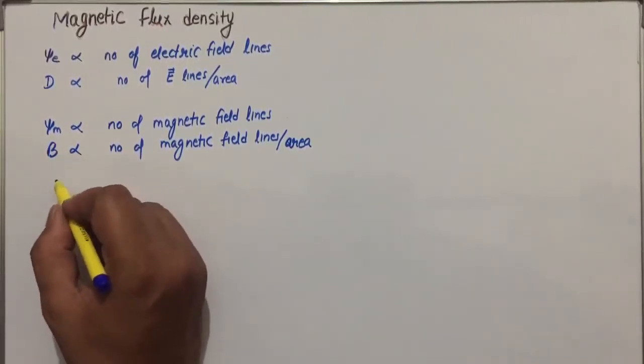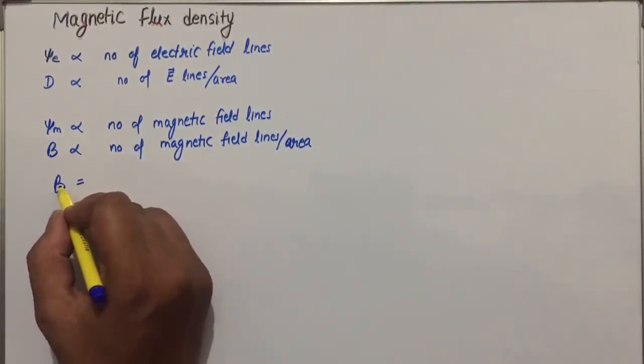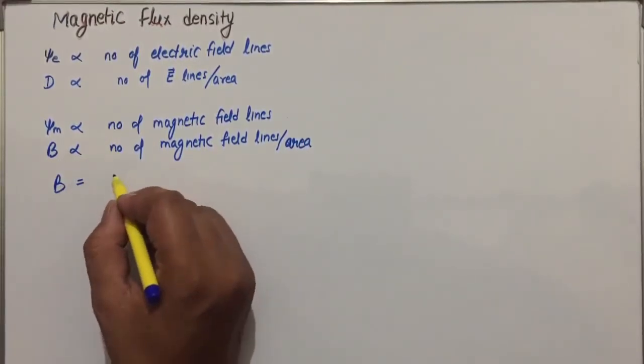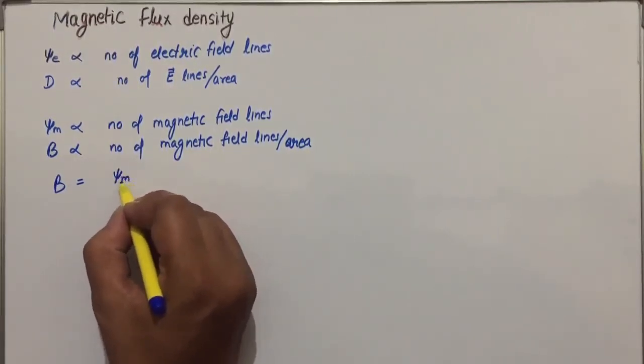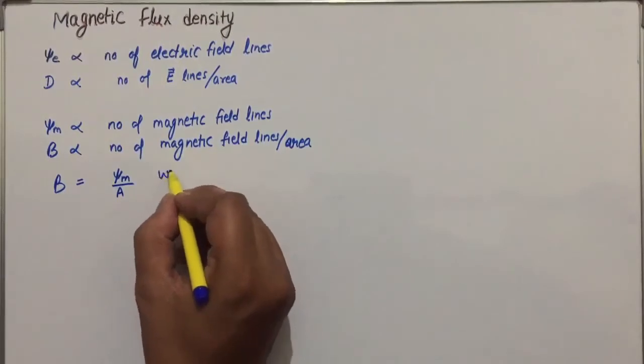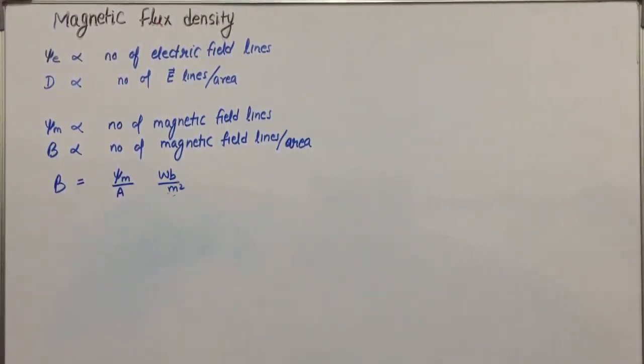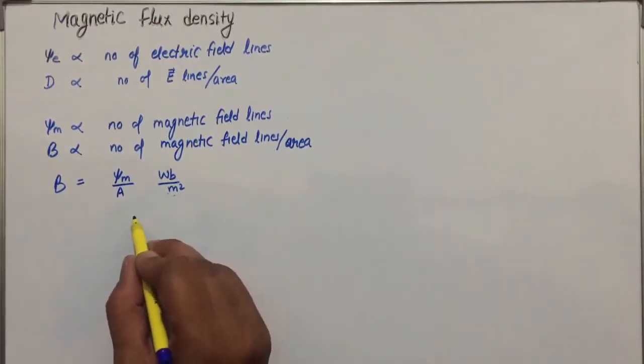So from here we have the unit of magnetic flux density as magnetic flux per unit area, that is Weber per meter square.